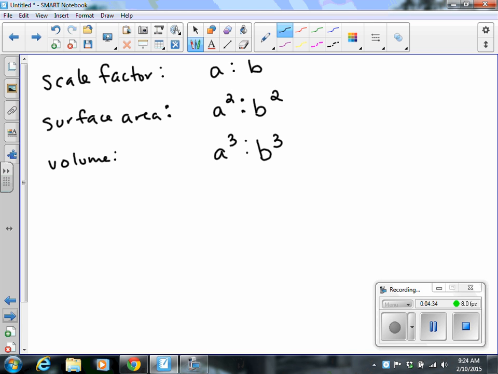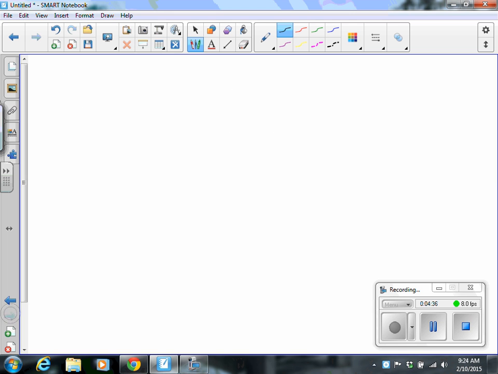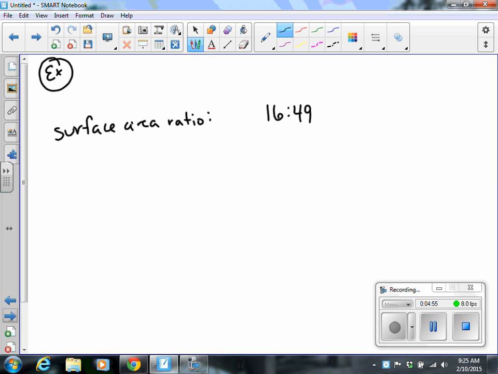So what does this mean for us? Let's say, for instance, I had a surface area ratio of 16 to 49. My goal is then to find the volume ratio and the scale factor.